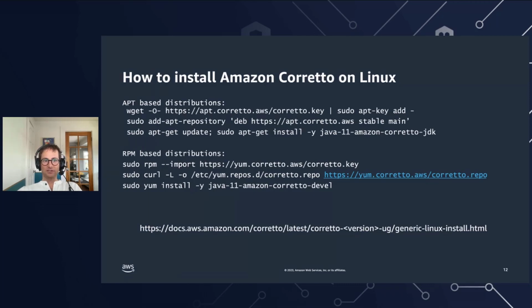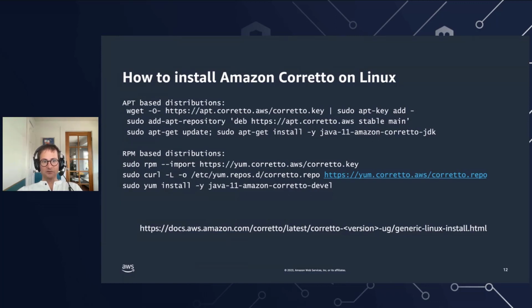So if you have a Debian-based distribution like Ubuntu or Debian itself, you can execute the instructions at the top here, adding first a repository to your list of repositories, updating the metadata associated to that repository, and then using apt-get install to install the version of your choice. I've listed the 11th version here, but you could use 15 or 17 if that's what you run on.